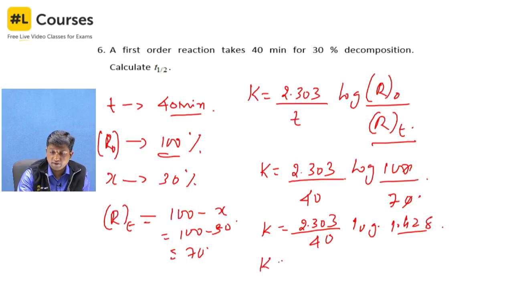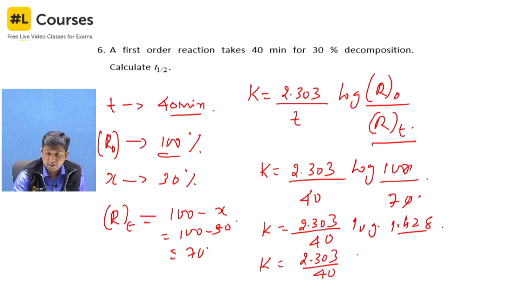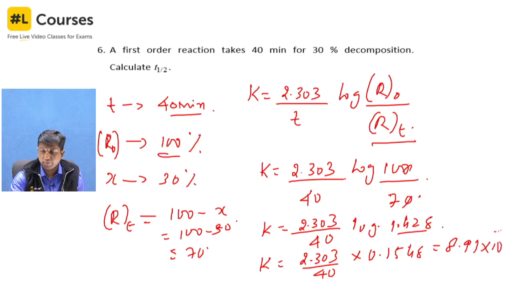So k will be equal to 2.303 divided by 40 into log of 1.428 value, students, it is 0.1548. If you simplify this, you are going to get the answer 8.91 into 10 power minus 3 per minute.